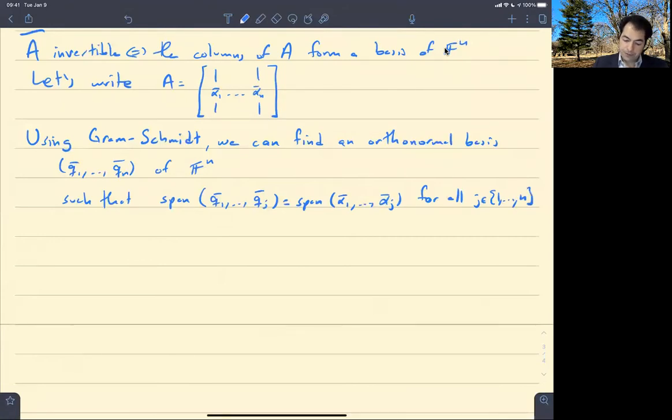Okay, so this is Gram-Schmidt. At every step, the span is the same as the span of the columns we're looking at. We just have replaced those columns with orthonormal columns that span the same space.